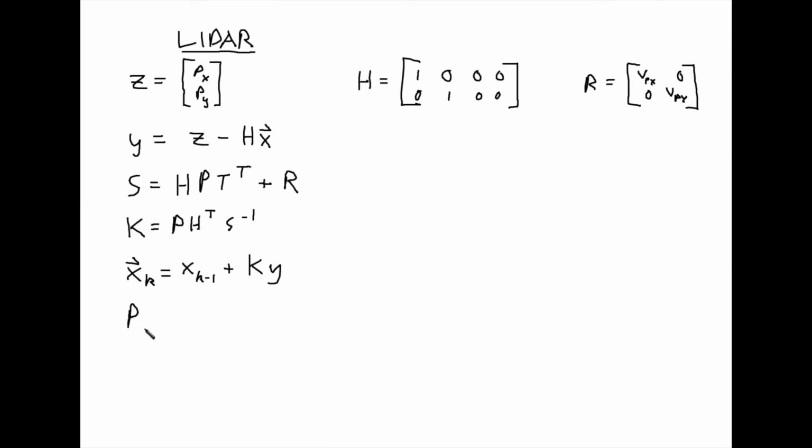And my new covariance matrix is going to be I minus K times H, in parentheses, times my old P. This is P k, and this would be P k minus 1. And I is going to be an identity matrix, a 4x4 identity.